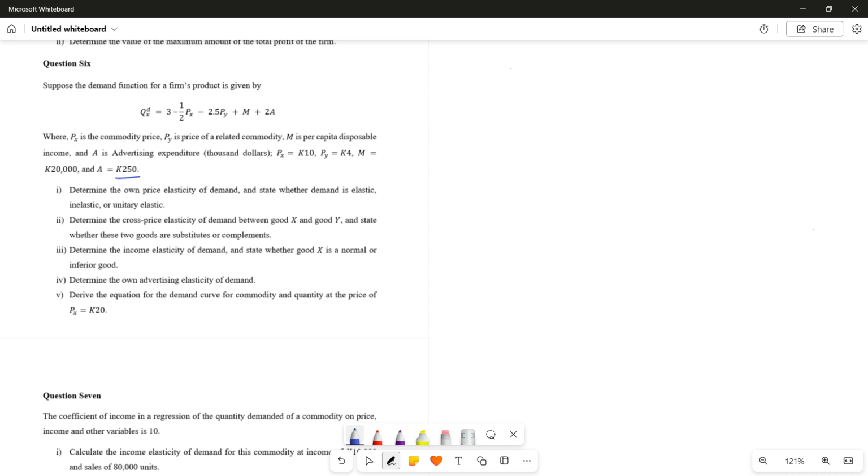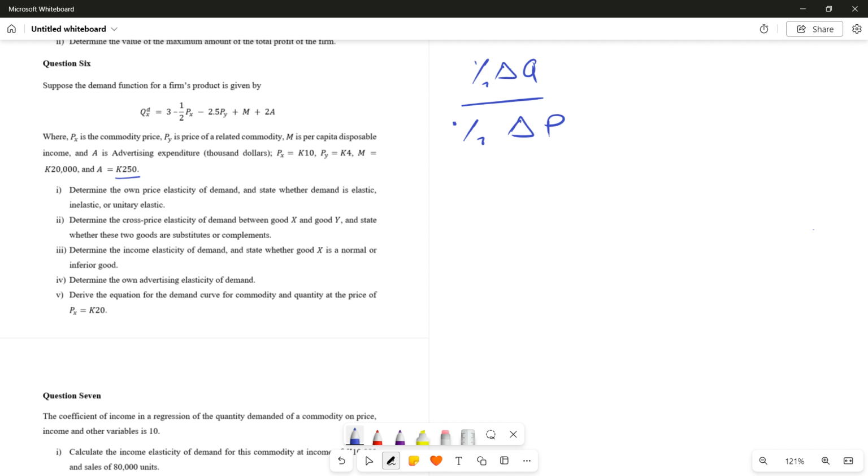In short, just the percentage change in the quantity demanded due to a percentage change in the price. That is with the price elasticity of demand. It's just the percentage change in Q due to percentage change in P.